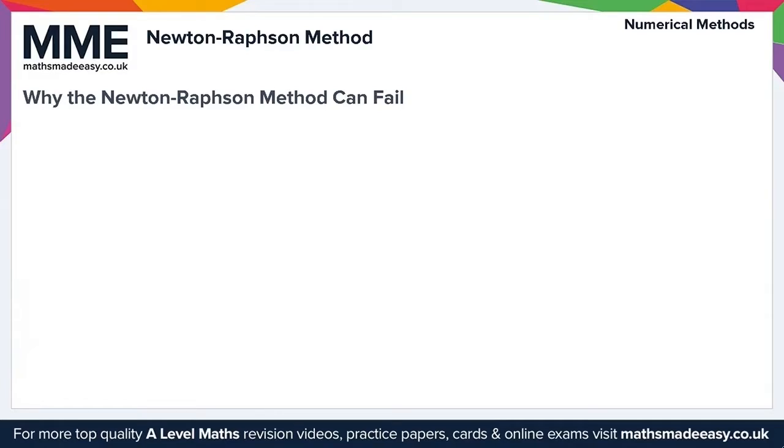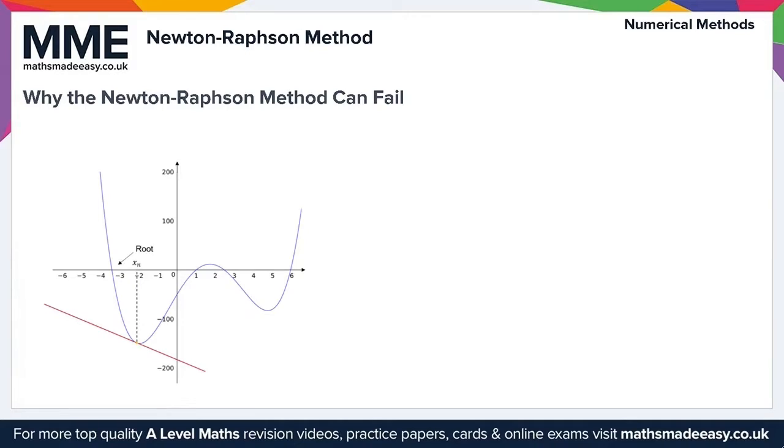We also need to be able to understand and state why the Newton-Raphson method can fail. The first point we could make is if the starting point of x_0 is too far away from the actual root, then the Newton-Raphson method may diverge from the root. Another reason, and we can use this diagram to help us, is when the gradient of the tangent at x_n is close or equal to 0.